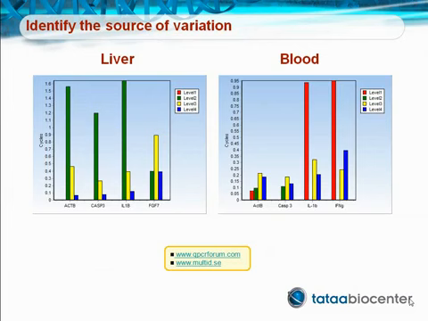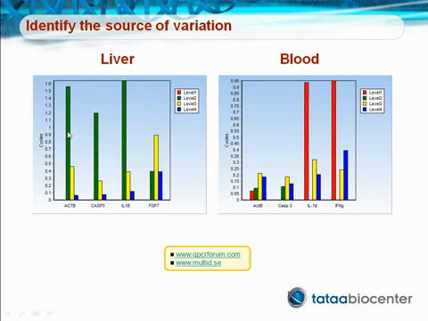These graphs show examples of nested pilot studies with 4 levels: subjects, which here were HIFers, sampling, reverse transcription, and qPCR. The left panel shows liver samples and the right panel shows blood samples. 4 genes were analyzed in each pilot study.